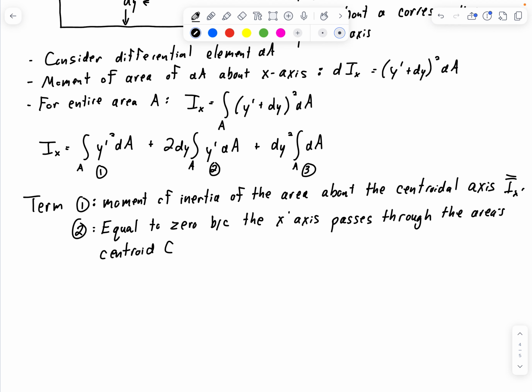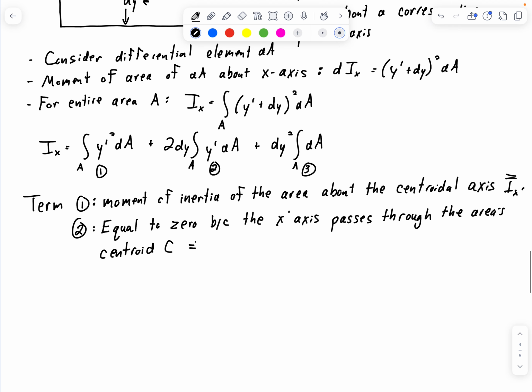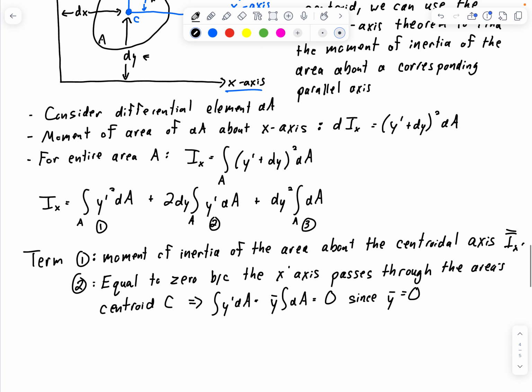Therefore, we have the integral of y prime dA, which can also be written as y bar, the average distance, times A. And we know that this must be equal to 0, since the average distance of y to the centroid is 0, because we're already at the centroid.